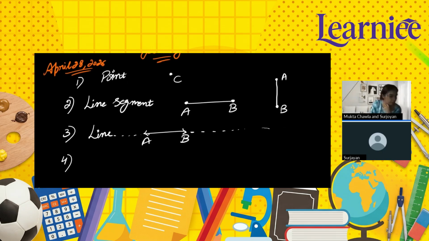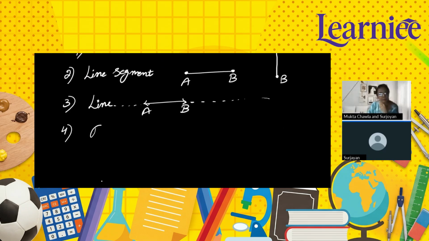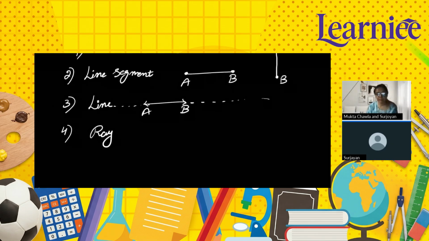Then we have ray. How can you explain ray? A ray is similar to a line segment, but first you have to choose the endpoint, for example one, and then you can extend the ray to infinity, either to positive or to negative.